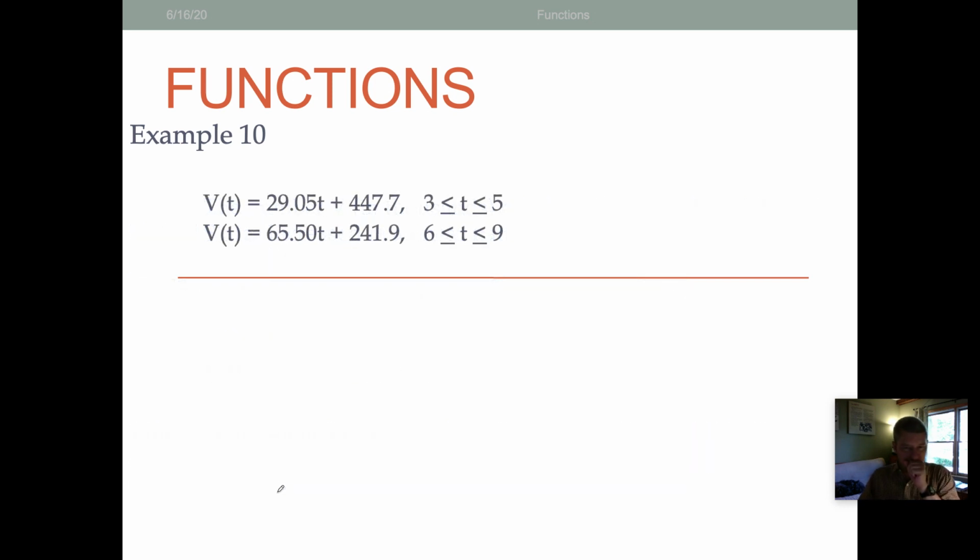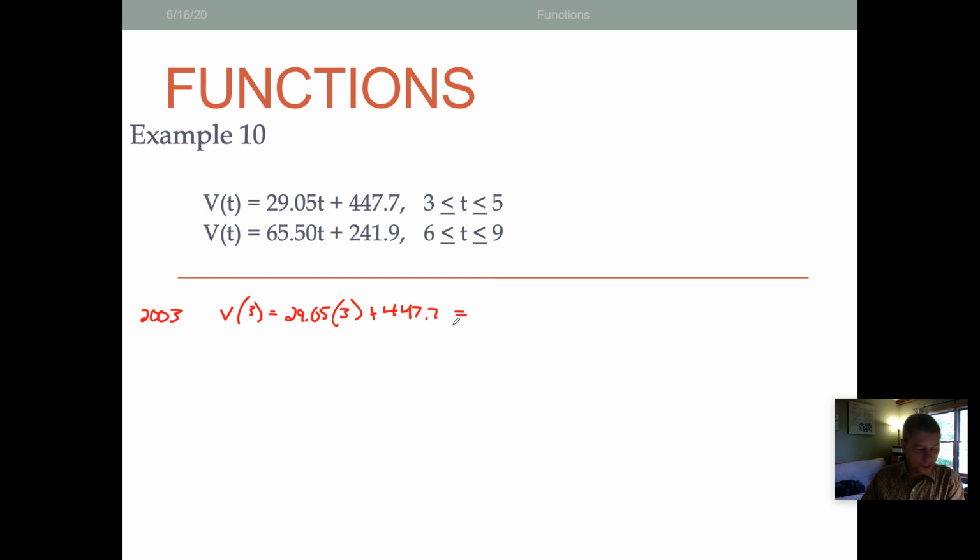So let's look. Here are the equations from the previous slide. We're going to use each of these equations. For 2003, we're obviously going to use the first equation, and so that's going to be v of 3 equals 29.05 times 3 plus 447.7.